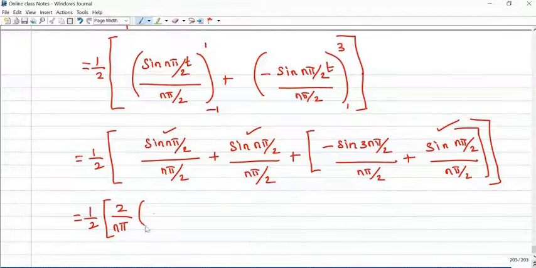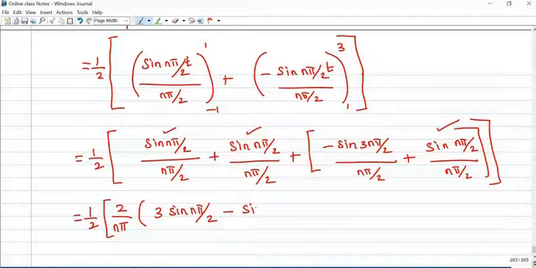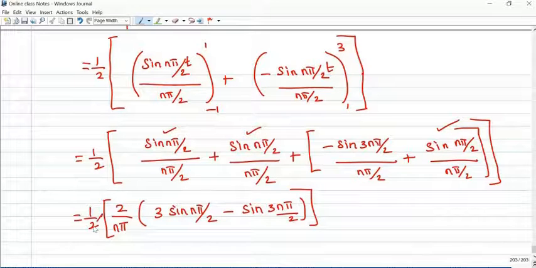Total 3 terms of sin n pi by 2 are there, 3 sin n pi by 2, next minus sin 3 n pi by 2, minus sin 3 n pi by 2. So the 2 will be cancelled. So 1 divided by n pi, times 3 sin n pi by 2 minus sin 3 n pi by 2.